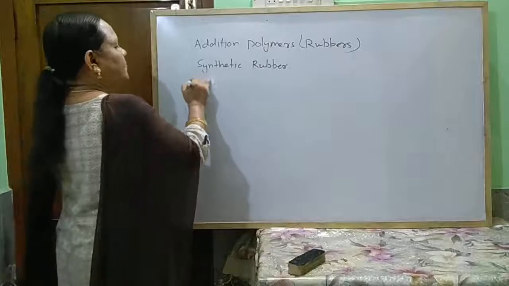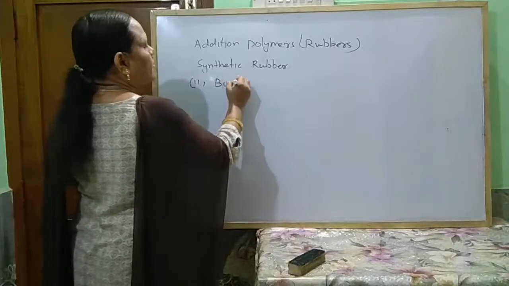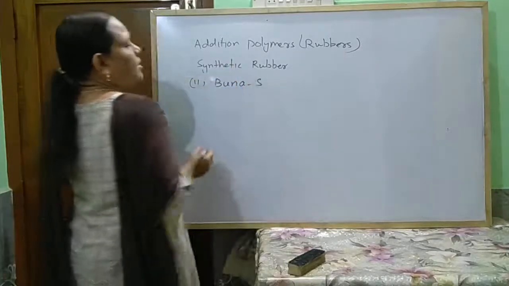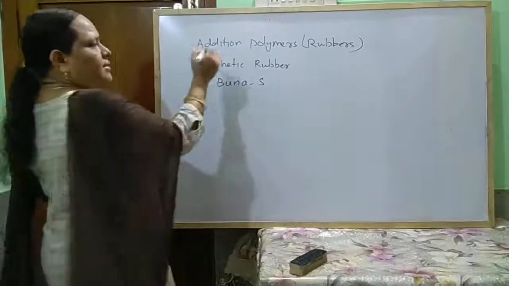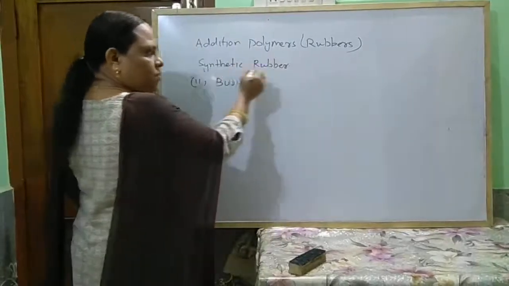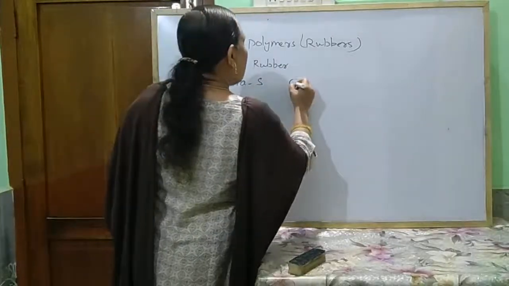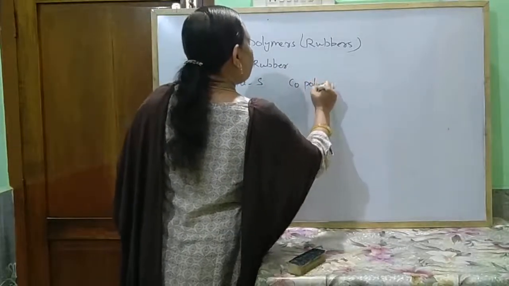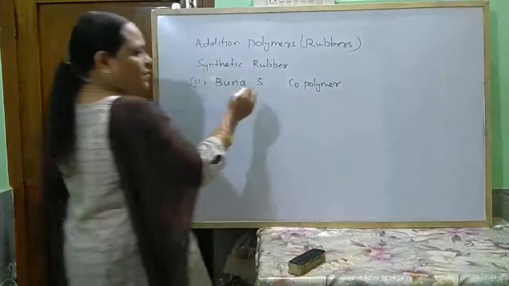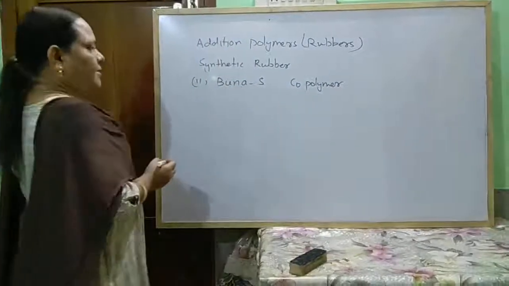Next we come to Buna S. This is an addition polymer. This is also a synthetic rubber, and this is a copolymer. That means two different monomer units are there.